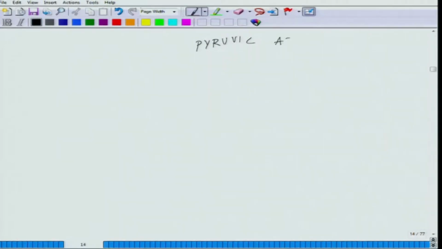Pyruvic acid, through coenzyme A and a process utilizing NADH out here, becomes acetyl CoA.